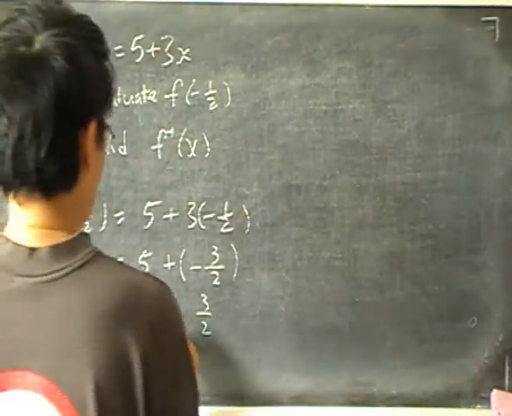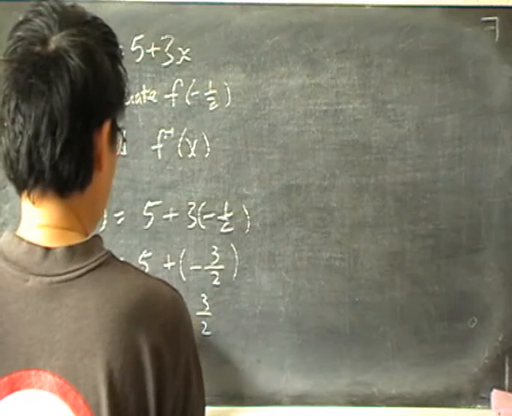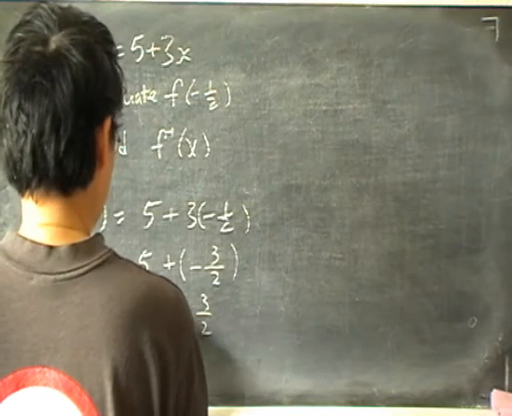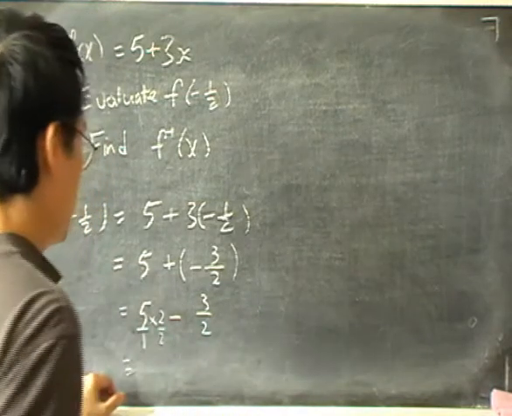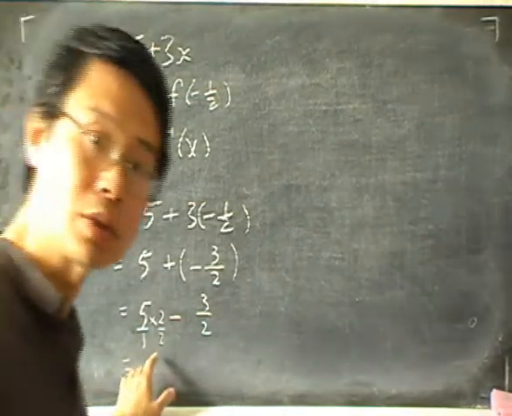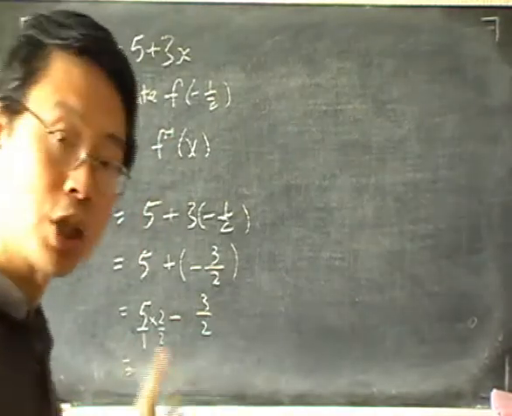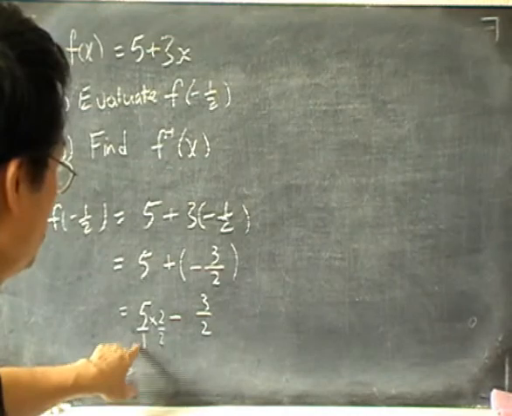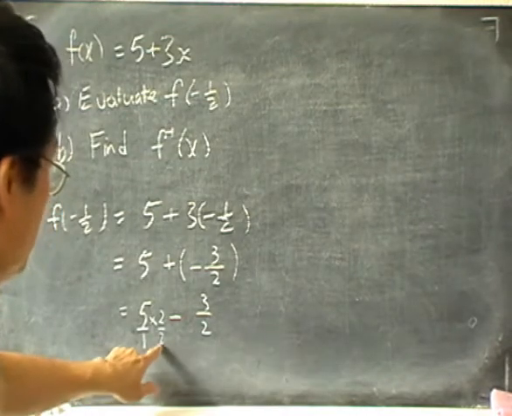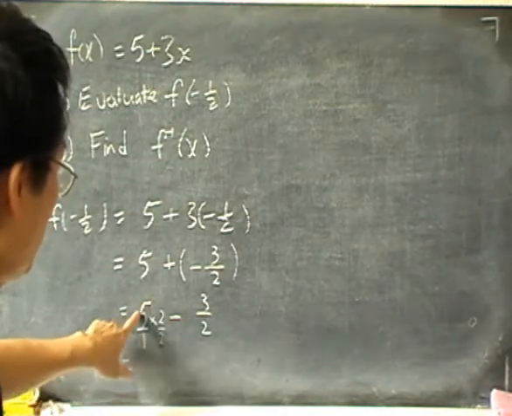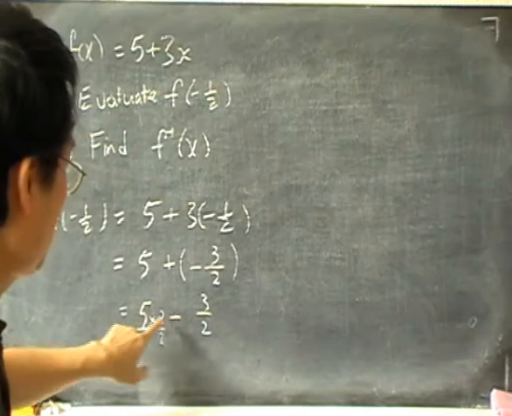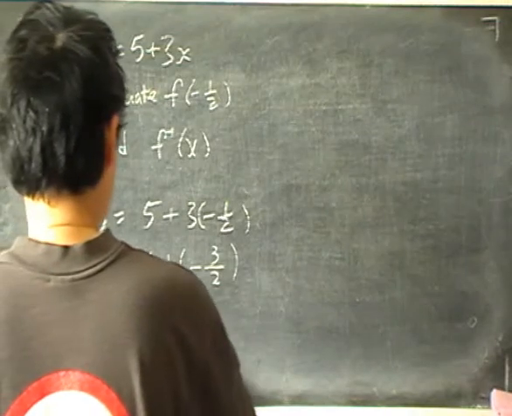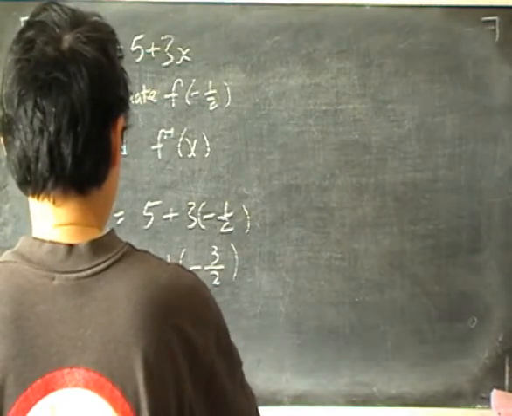And then to get a denominator of 2, I must multiply this by 2 over 2. Because 2 over 2 is just 1, it doesn't change anything, but it will give me a new denominator of 2 down here. And in the top of the fraction I'll get 5 times 2, which is 10. So 5 becomes 10 over 2.